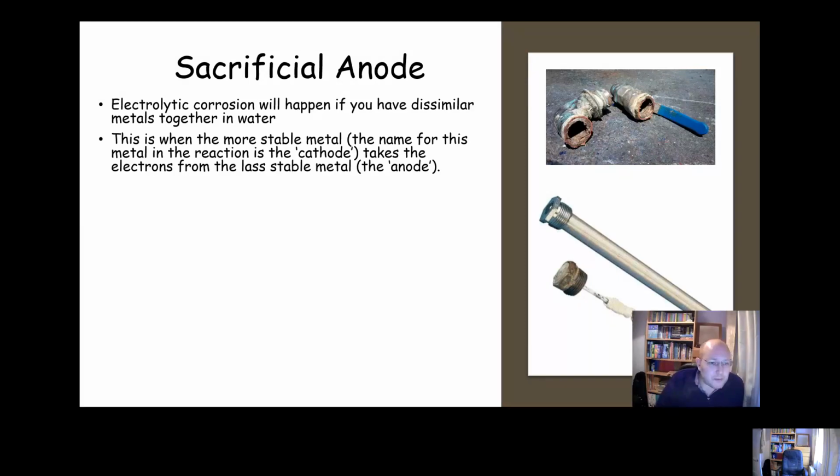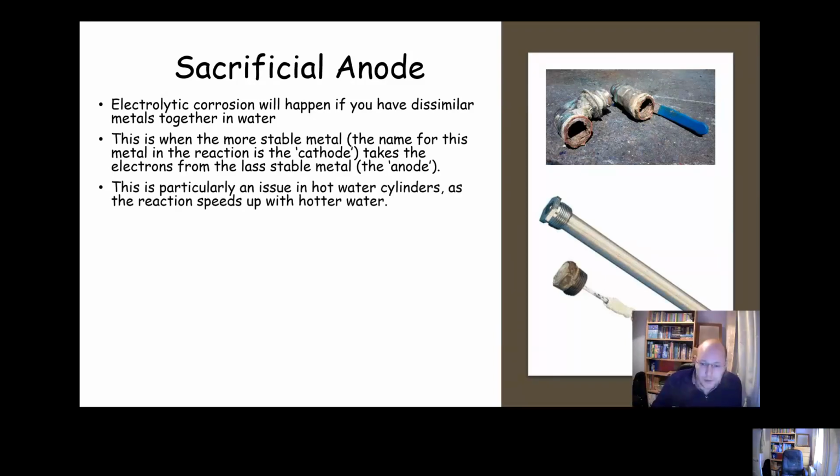Electrolytic corrosion happens whenever you've got dissimilar metals together in water. What happens is essentially the more stable metal, which is described as the cathode in the reaction, takes the electrons from the less stable metal, which is described as the anode.